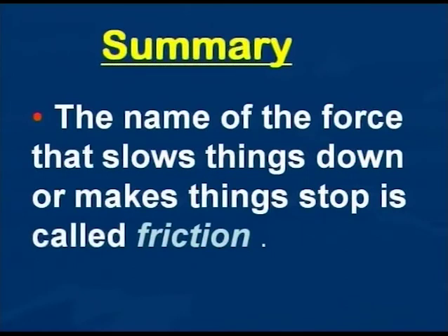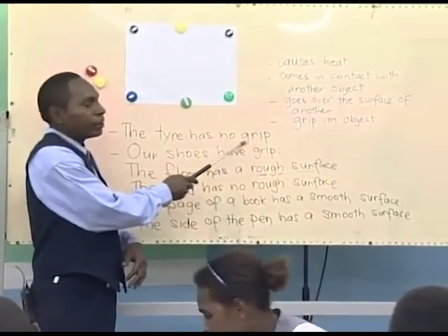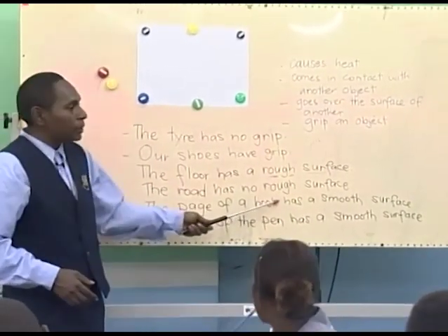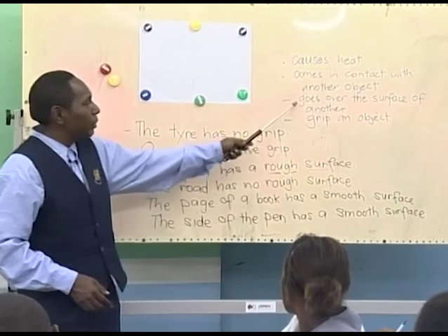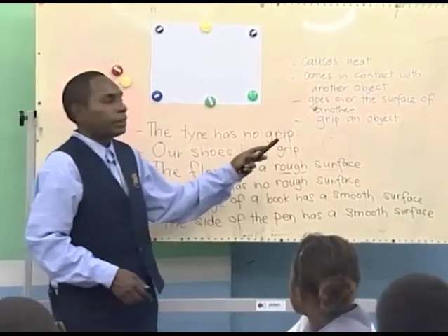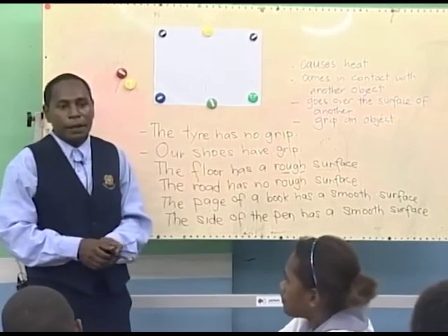Okay, receiving students and class, you can see from the examples given by our friends there, you can use the words grip, rough surfaces, smooth surfaces, and also when things cause heat or come into contact, all this involves friction.